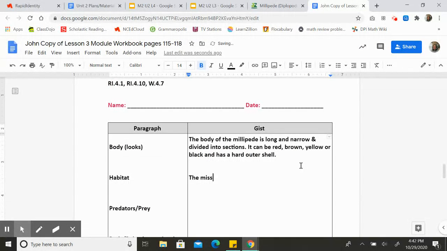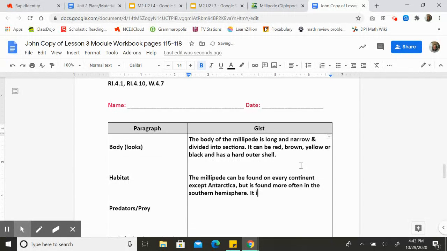So the millipede can be found on every continent except Antarctica, but is, sorry, I need a comma, found more often in the southern hemisphere.